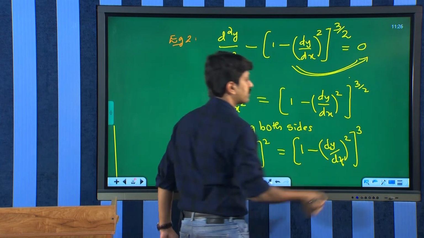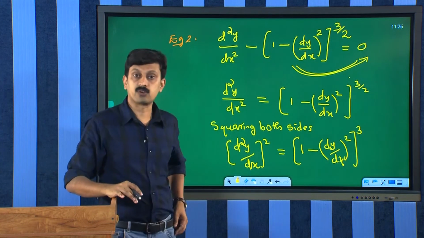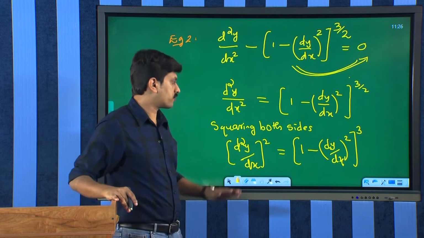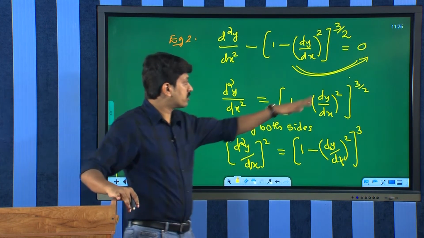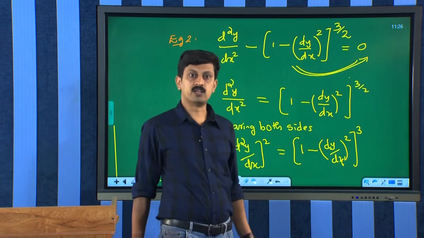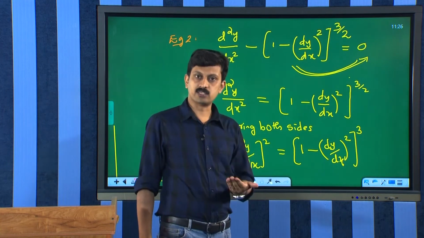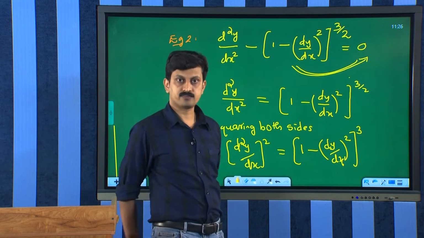Okay. Fine. Now, the equation is okay because all the rational powers are removed, only the integer powers are there, that is why we are happy.